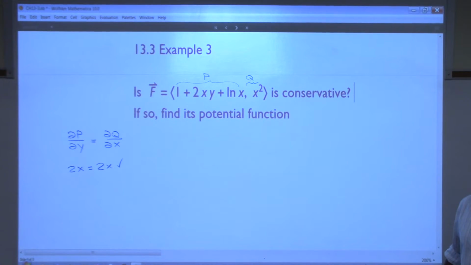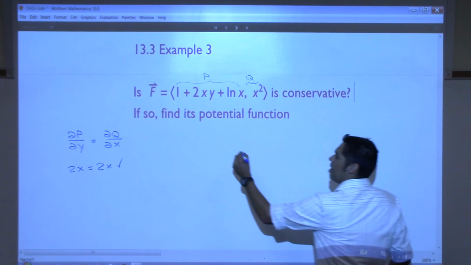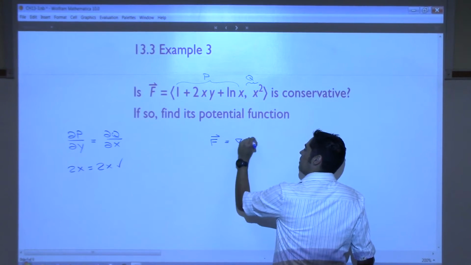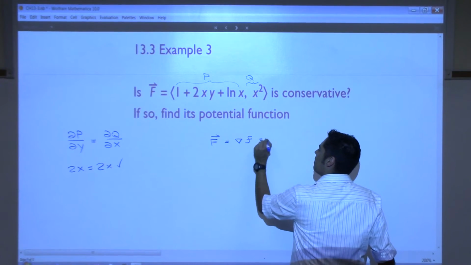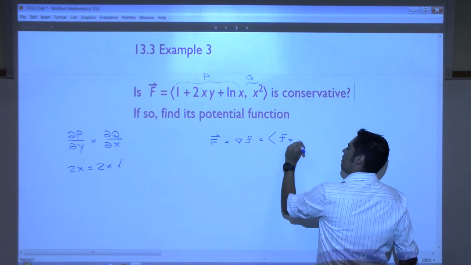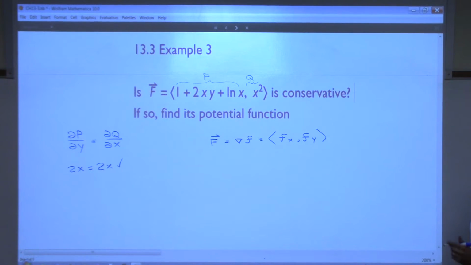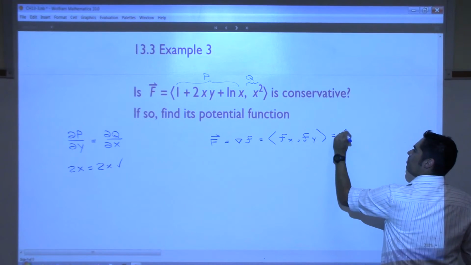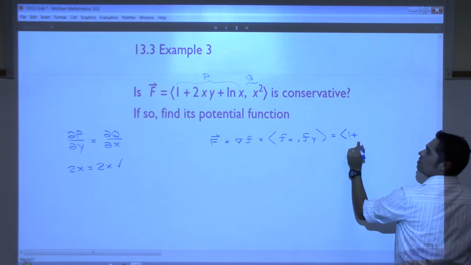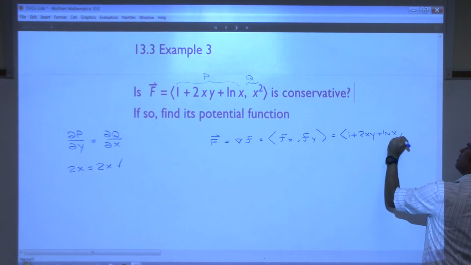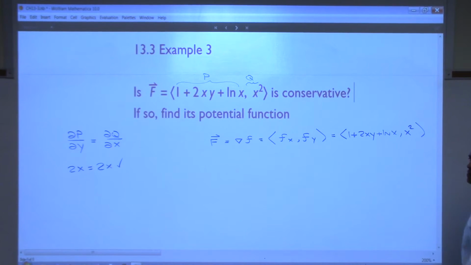So I'm going to write down what I know. I know that capital F is actually the gradient of little f, which I know by definition is this vector, which for us in this particular problem is 1 plus 2xy plus natural log x, comma, x squared. That's what I know right now.